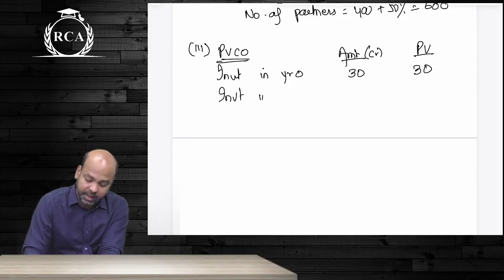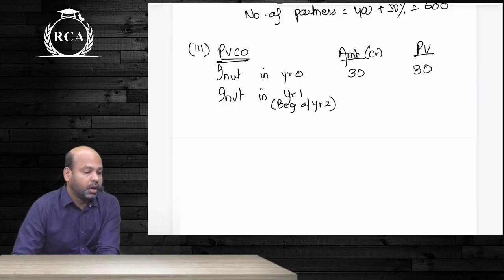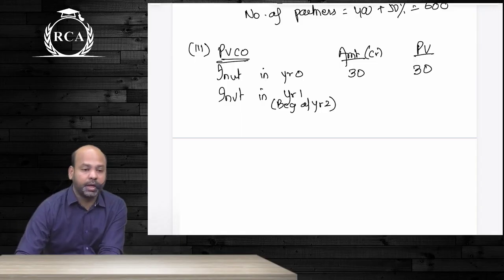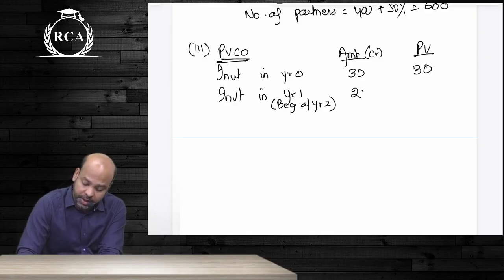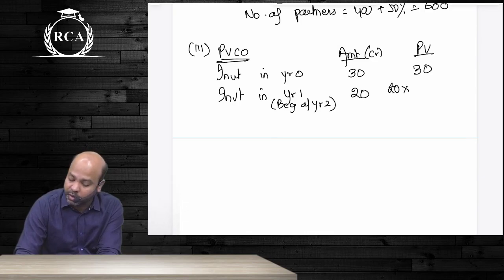Investment guys, I'm writing in year 1. That is nothing but beginning of year 2. Investment guys at the beginning of year 2 beta, that is the end of year 1, is 20 crores. And that 20 crores ka present value beta, you will have to discount at what rate guys? 12.7%.